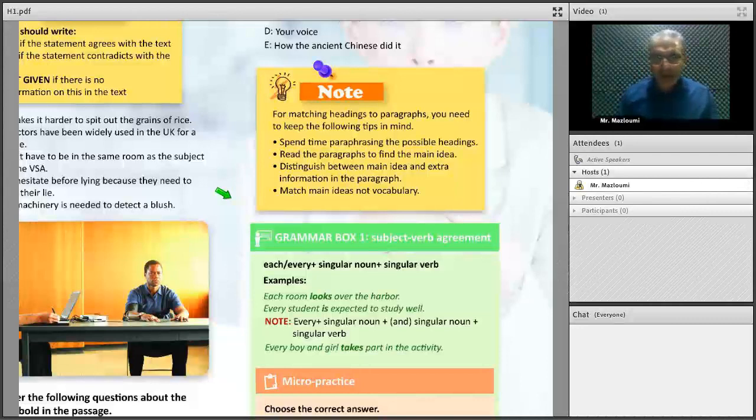Okay? And finally, match main ideas, not vocabulary. Okay? So, look for the main idea. We don't match the vocabulary, everyone. We match the main ideas.